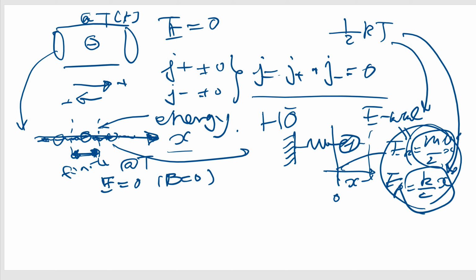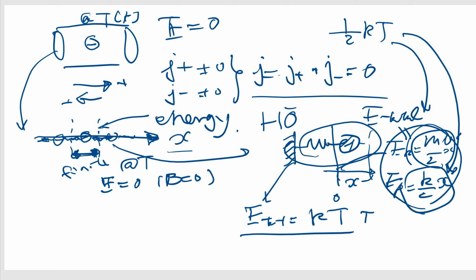This harmonic oscillator model of electron in a metal at temperature T without electric or magnetic field is described like this, having E total equals totally kT joule, which is watt per hertz, kT watt per hertz.